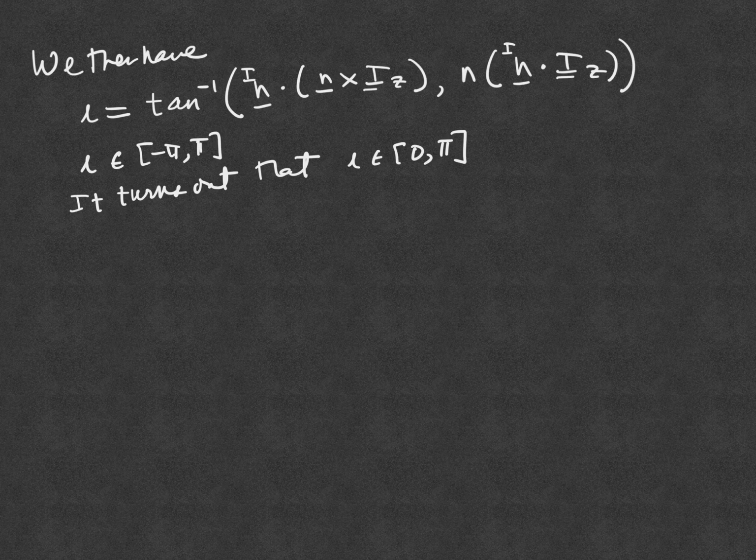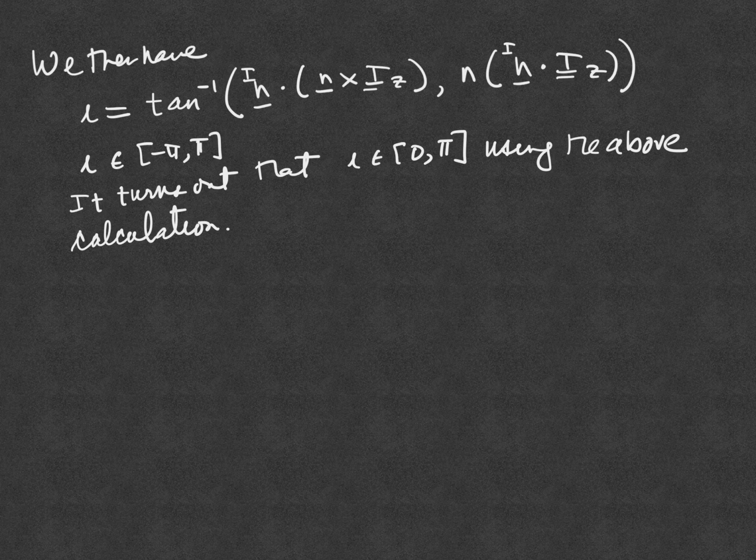So we don't need to do anything, because the orbital inclination is only defined on 0 to pi. And so this result is correct. There's no modification that needs to be made to the angle at all. So with this calculation, I'm going to write that out. It says it turns out that I is on 0 to pi using the above calculation. So there's no modification needed.